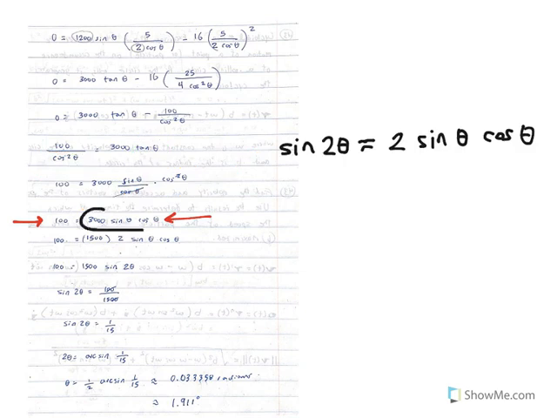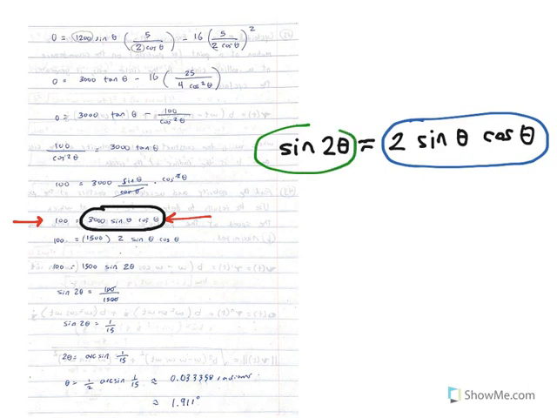As I'm looking at 3,000 times sine of theta times cosine theta, I remember a double angle formula from trigonometry. 2 times sine theta times cosine theta is equal to sine of 2 theta. So I decide to use that.